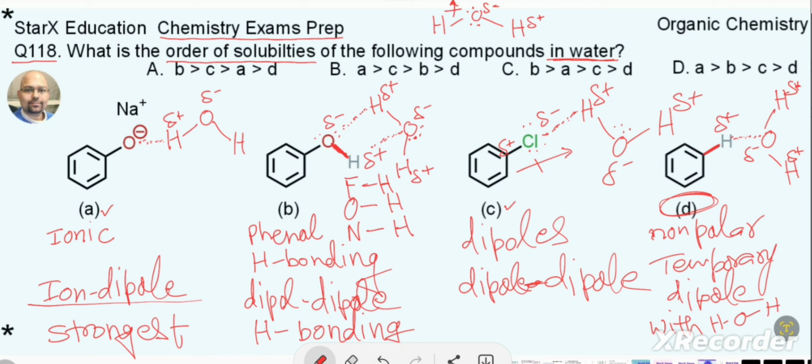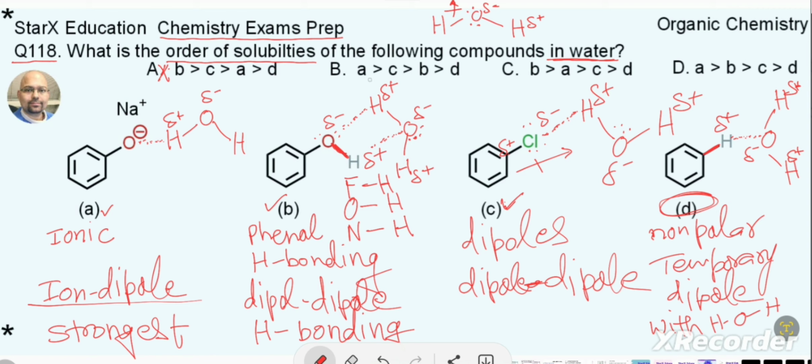So basically the strongest interactions with water would be ion-dipole, which is A, and the second strongest would be hydrogen bonding with water, that is B. Third is the dipole interactions with water, that is C. And the last one would be the nonpolar temporary dipole interactions with water. So choice A is not correct because B does not have higher solubility than A or C. So choice A is incorrect.